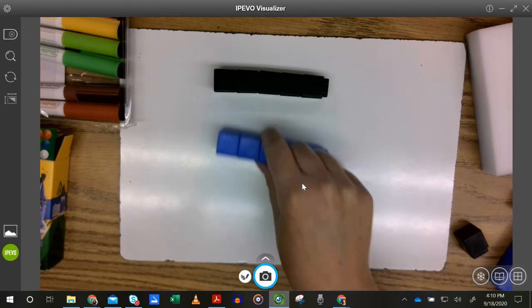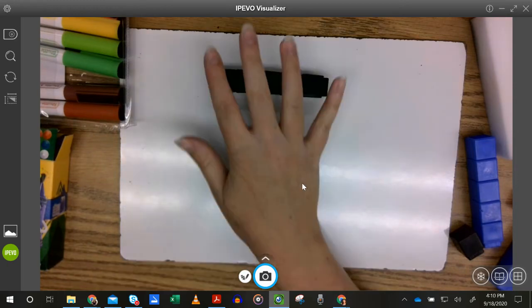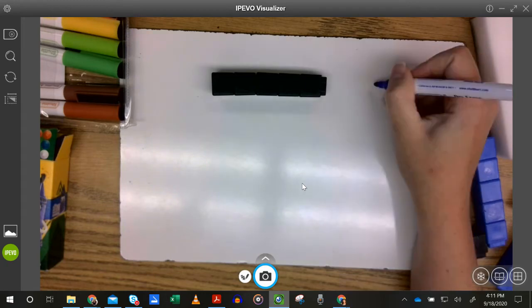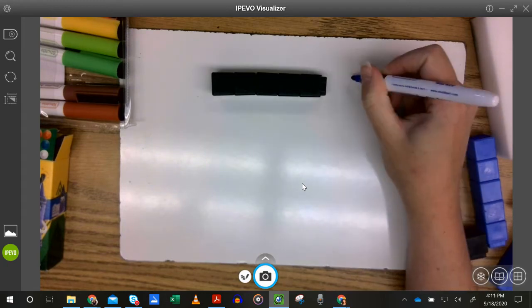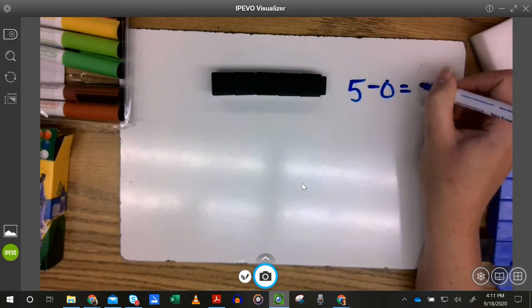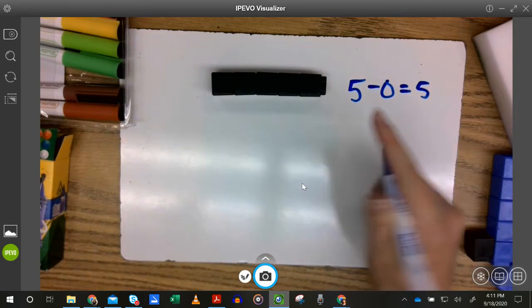If I have 5, how many ways can I take it apart? I have 5. I could take away nothing, and I still have 5. I have 5.